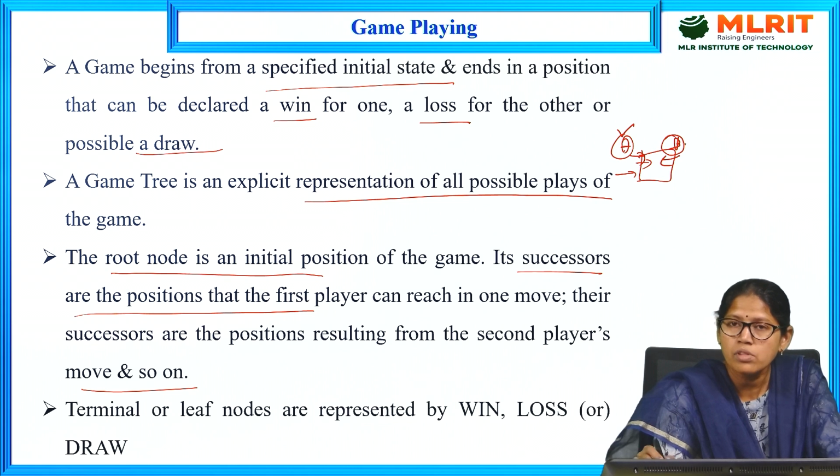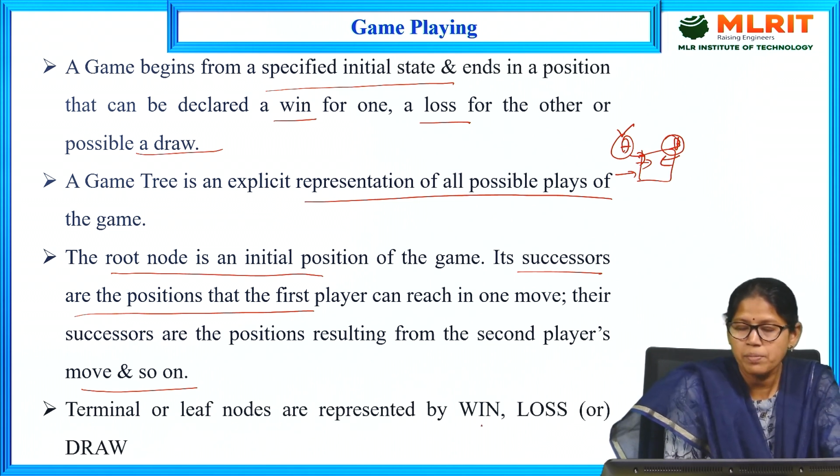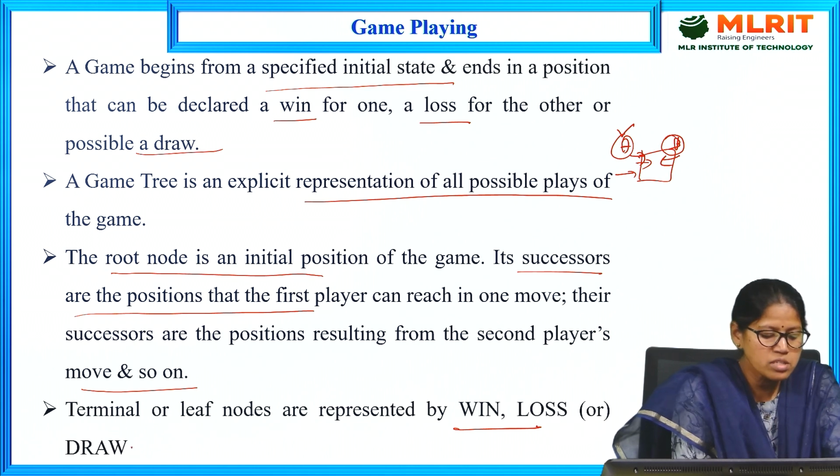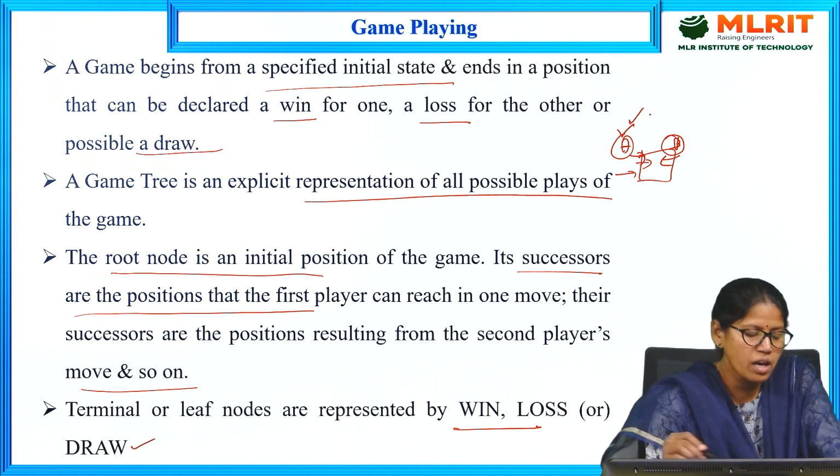So both players try to make the opponent lose, so that either A can win or B can win. Terminal leaf nodes are represented by win, loss, or draw. At last, A can either win, lose, or draw, and B can either win, lose, or draw.